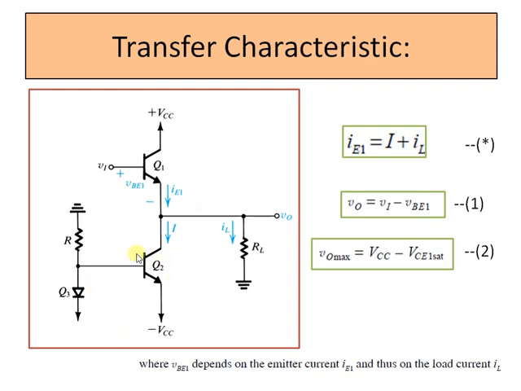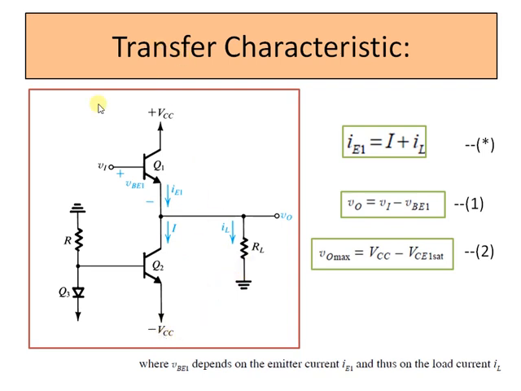You have two transistors here, Q1 and Q2. Transistor Q1 is applied with an input voltage Vi, whereas transistor Q2 has a resistance R connected to ground, and you also have a diode represented as Q3. The supply is a dual supply, plus VCC and minus VEE.